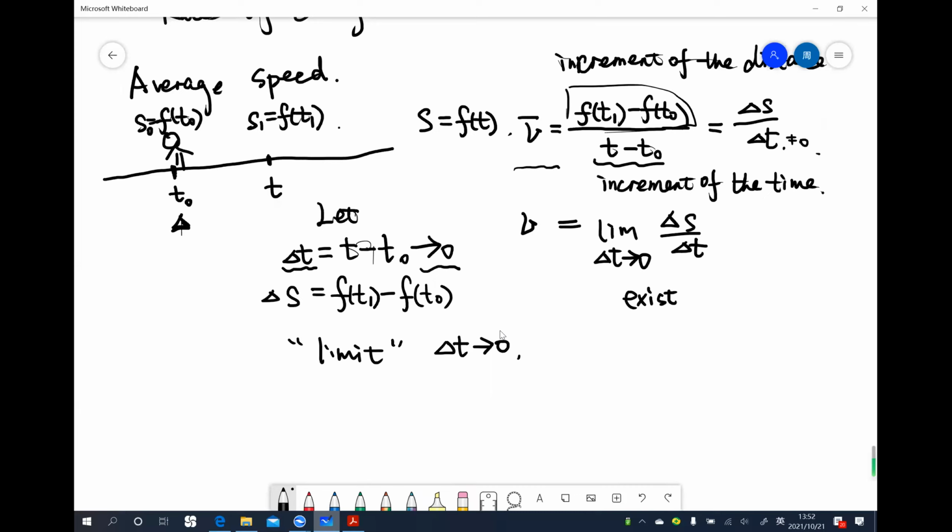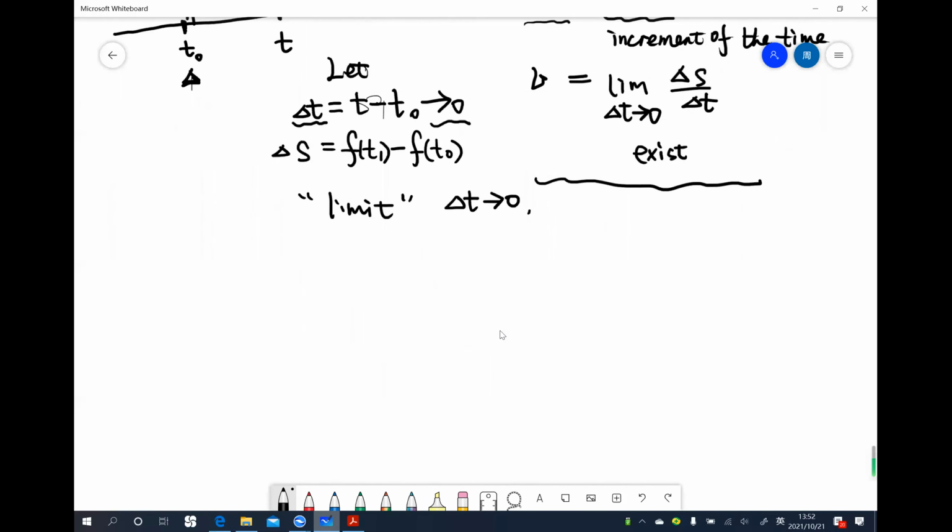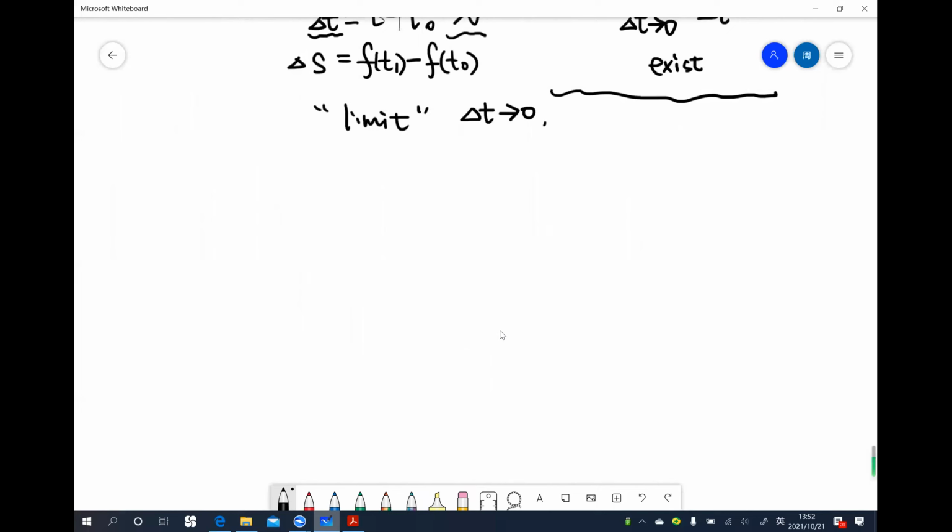Here I get an expression, and I can write it in another form. Here I will give you a function y equals f of x. And now we have the expression limit as delta x approaches 0 of delta y over delta x.